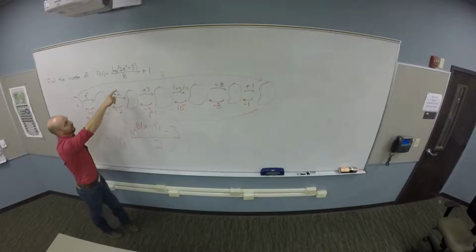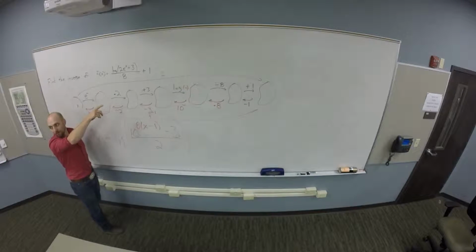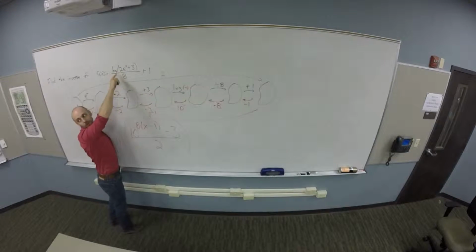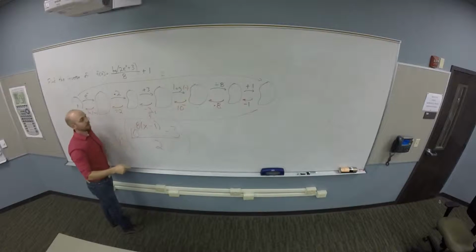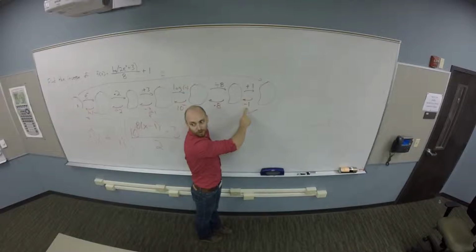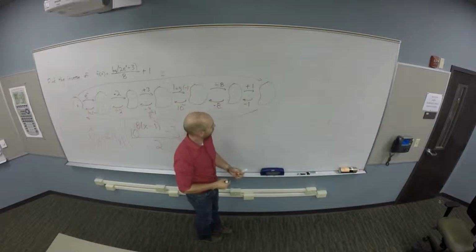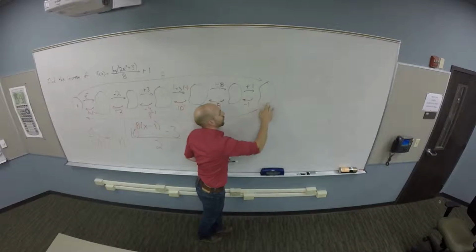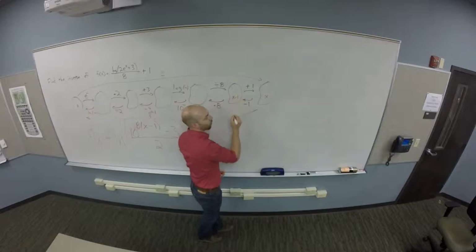So my process over here, to figure the black out, was to say, okay, if I plug an x in here, the first thing I do is put it in the exponent of an e, then I multiply by 2, then I add 3. And I was just thinking, the first thing I've got to do is subtract 1. So I started with an x, and then I went to x minus 1.